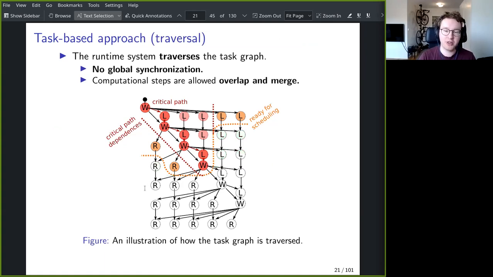Mainly, we probably want to prioritize critical side updates here, because they will at some point in the future feed back to the critical path, whereas the lowest priority can be given to the right-hand side updates because they don't feed back to the critical path. There is no information flowing from here to this side. All the information comes to the right-hand side updates from the critical path.